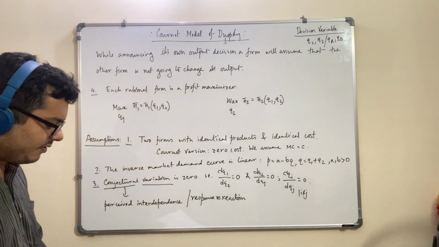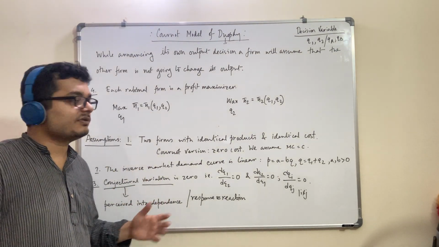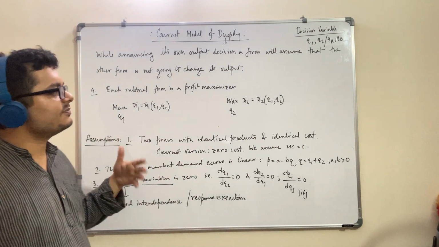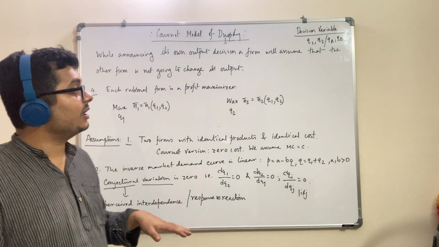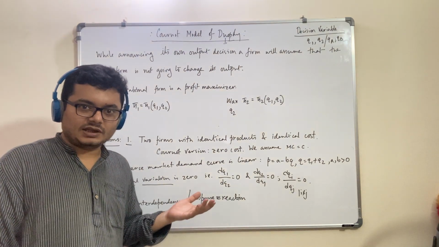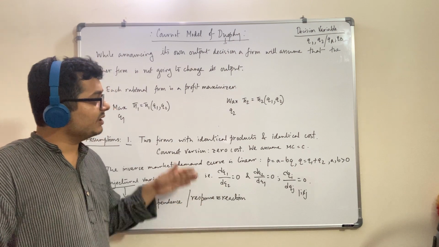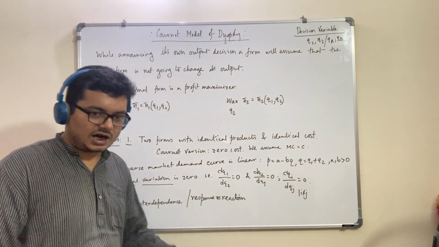Now we need one instrument so that we can map the response of change in profit of one firm due to the change in output decision of the other firm. And we need that response for each firm. Because of that, we will start with something called the isoprofit curve.